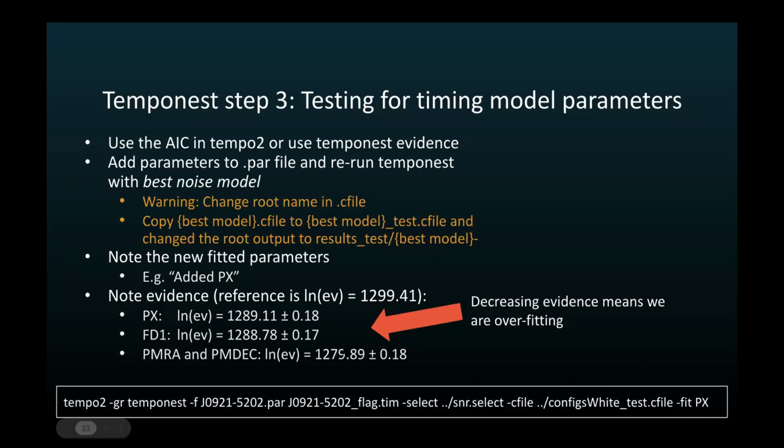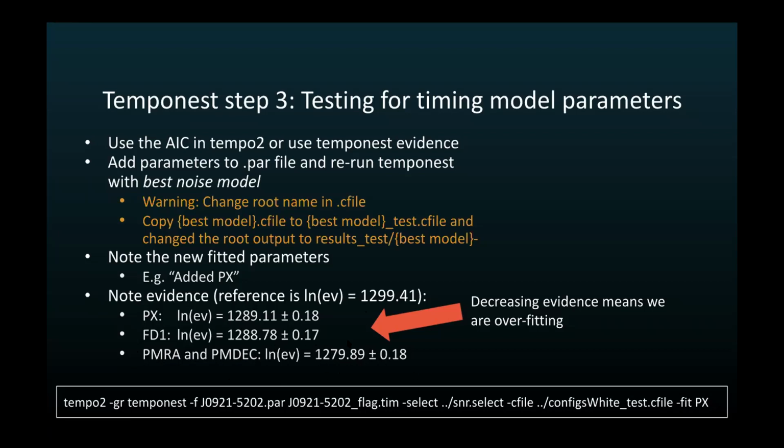And you could do the same thing for other parameters. So for example, the proper motions. And for proper motion, you actually need to fit for both proper motion in RA and declination. You can't just fit for one component. So here you would just write -fit PMRA -fit PMDEC to fit both of them. And we've added yet another parameter, and the evidence has gone down even further by about another 10.